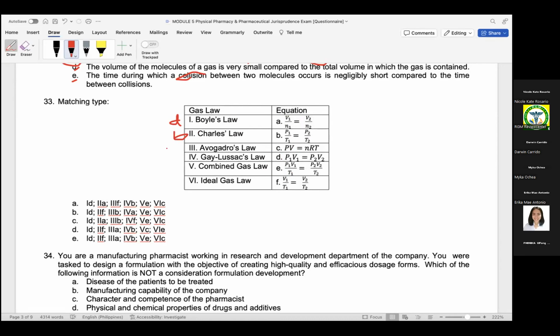So letter A. Gay-Lussac is pressure and temperature. So that's... Oops, Charles law is volume temperature. So this is F. F pala to. Gay-Lussac, yun yung pressure temperature. So this is B. Combined gas law, obviously, it's letter E. And the ideal gas law is C. PV and RT. So therefore, what is the answer?